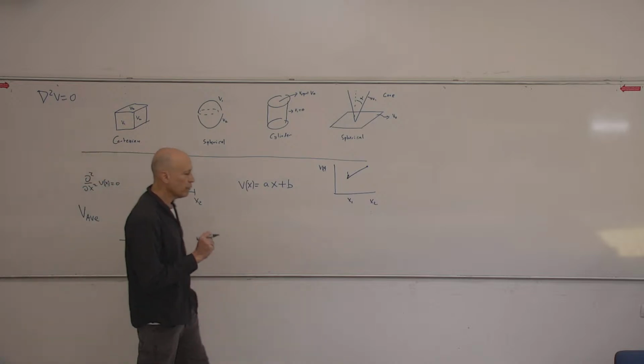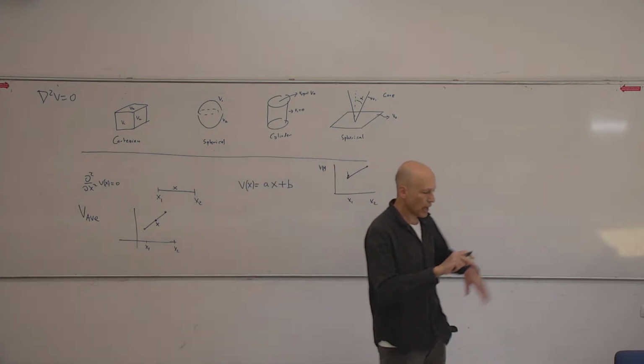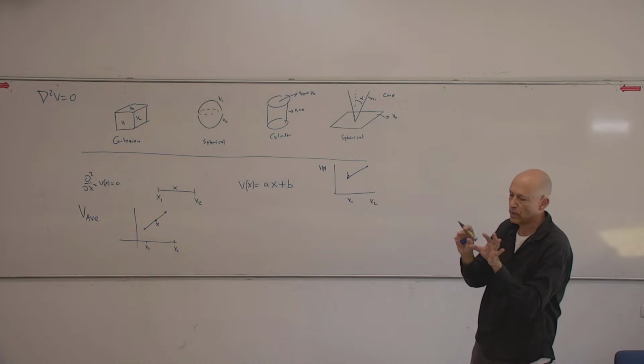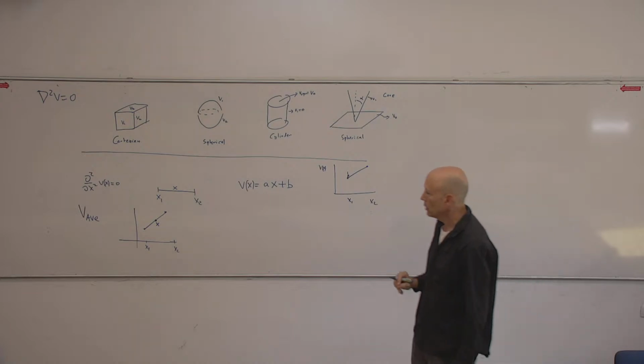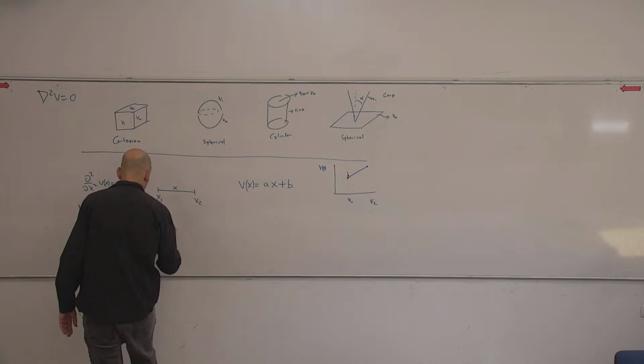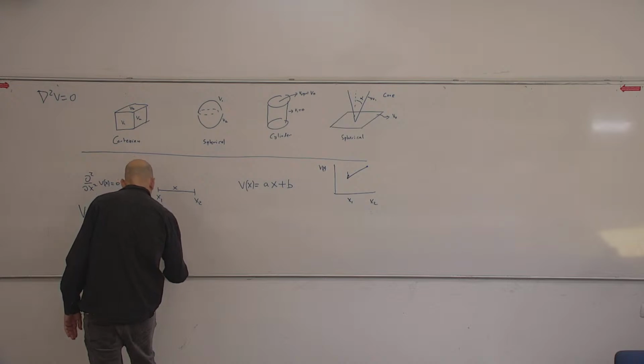So it's an average around a point. I have some point in space and I want to know something like the average field around this point. I take any delta. So this is x plus delta. And I take a minus delta.